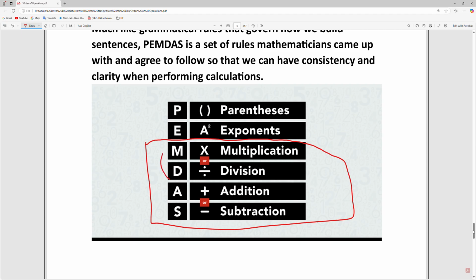You should take care of multiplication and division first. After that, addition or subtraction. That's how you simplify.